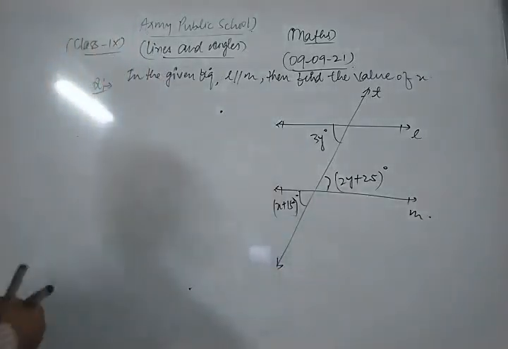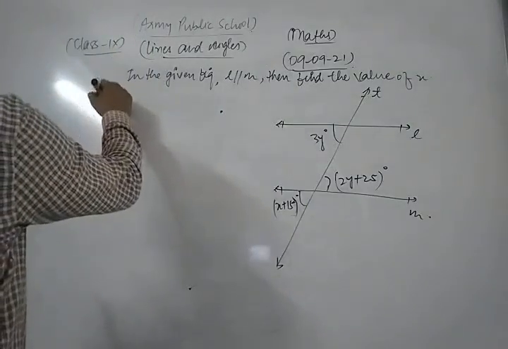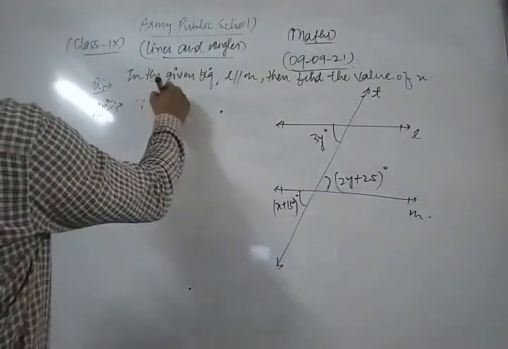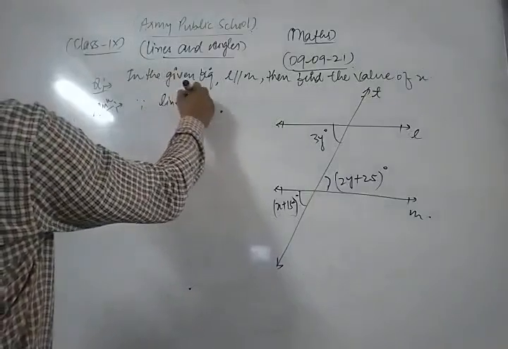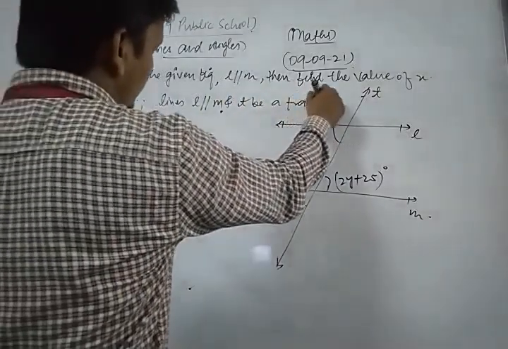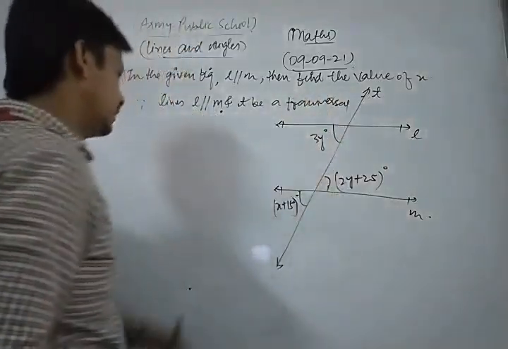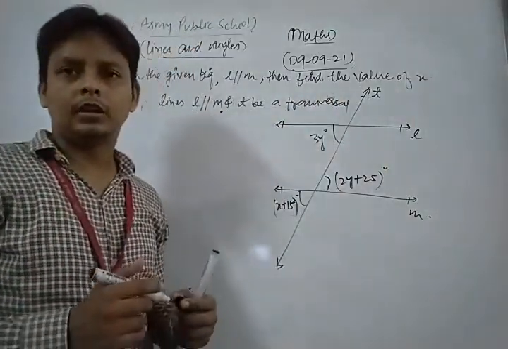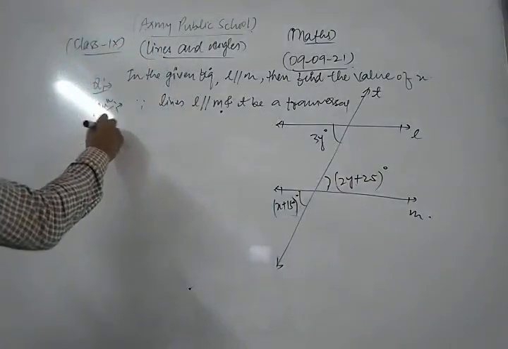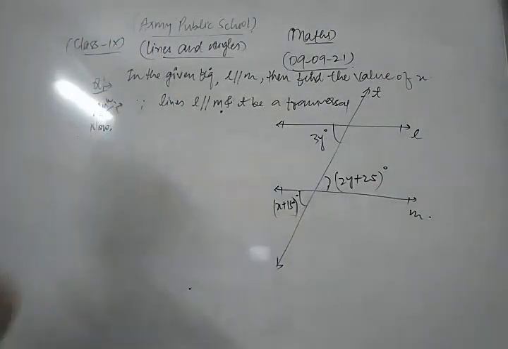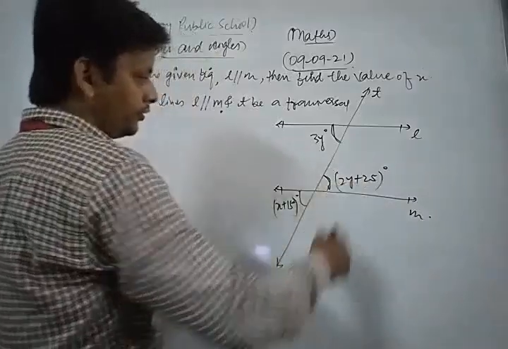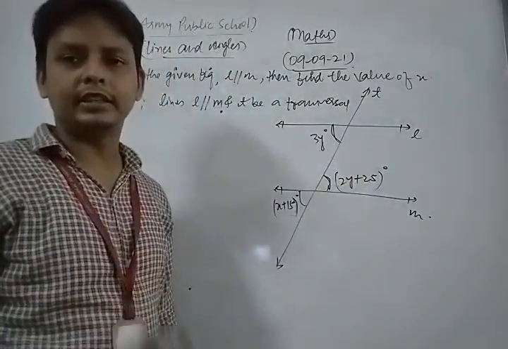Now look, dear students, let's see its solution. Since lines L and M are parallel and T is a transversal, these are a pair of alternate interior angles, and we know that alternate interior angles are equal to each other.